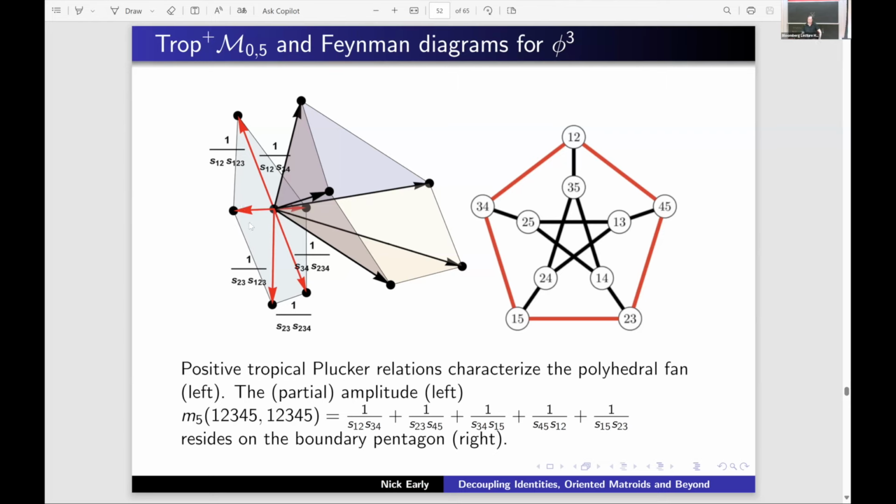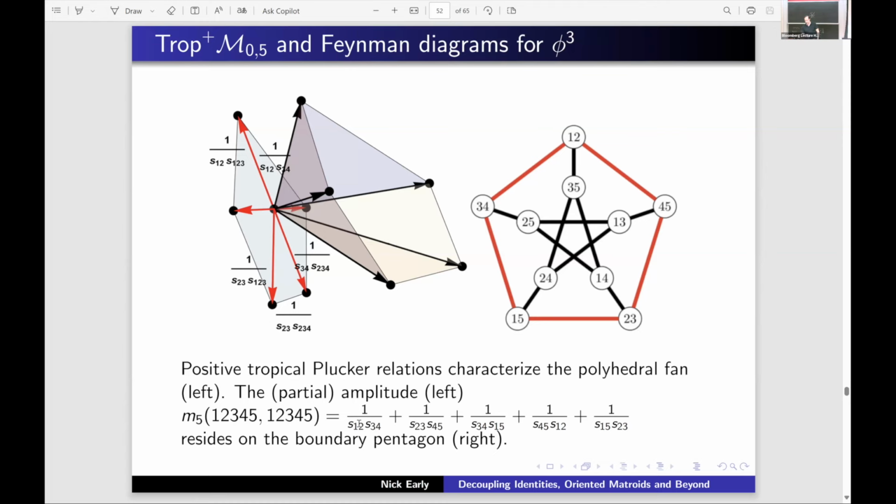On the other hand, remember this is k equals 2, so this S1, 2, 3 is now a sum of Sij's. So if you want to extend to the full phi cubed amplitude, then you have this picture on the right. You have 10 Mandelstam invariants, and they are connected by an edge exactly when the two Sij's appear in the same Feynman diagram.